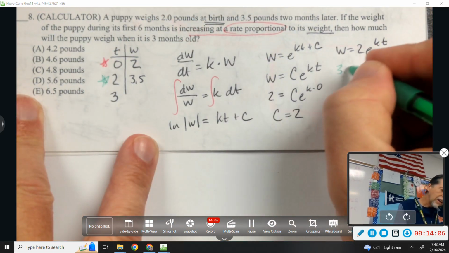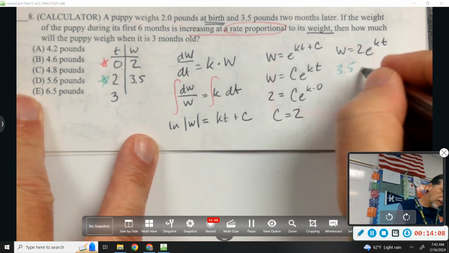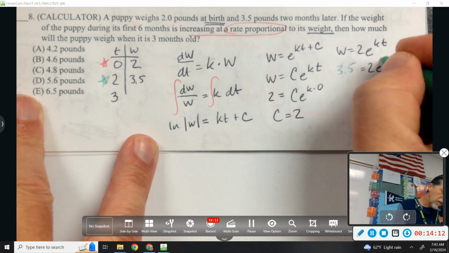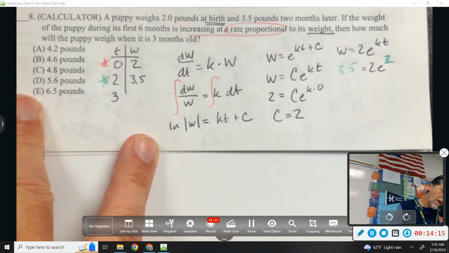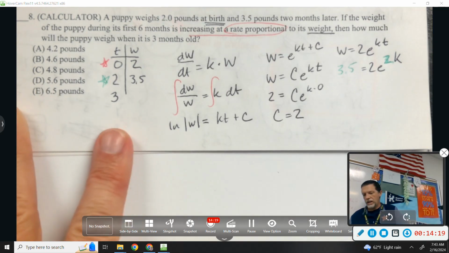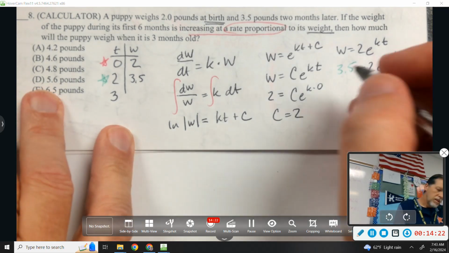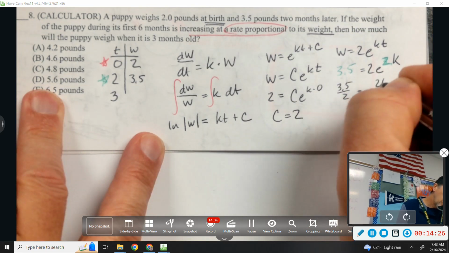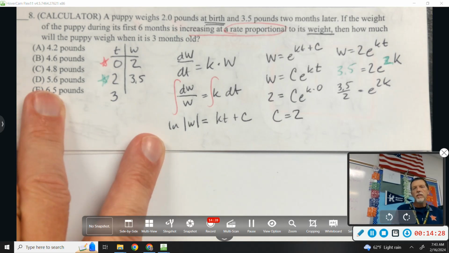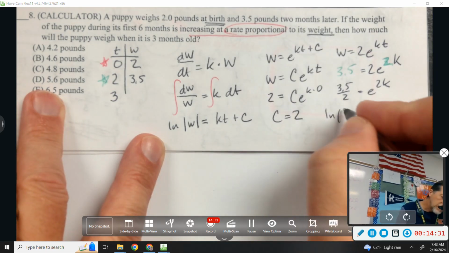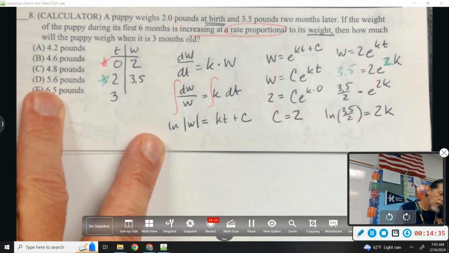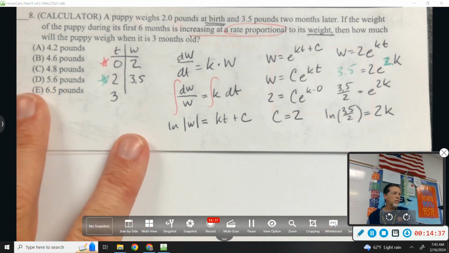Figure out what k is. Now I'm going to need a calculator here in a moment. Divide both sides by 2. Natural log both sides. Skipping steps because I'm running out of room.